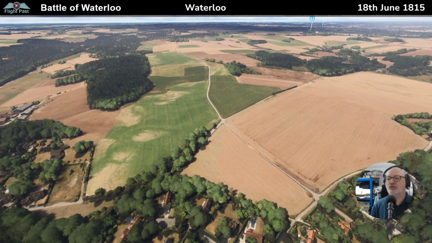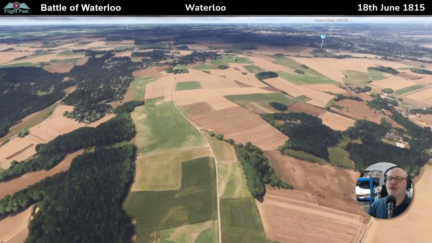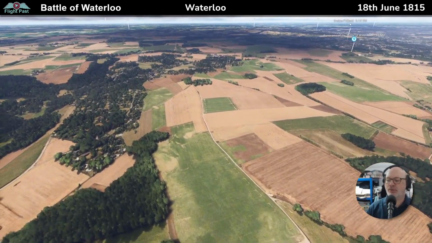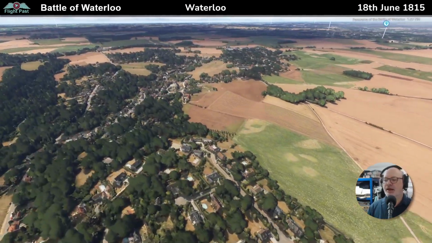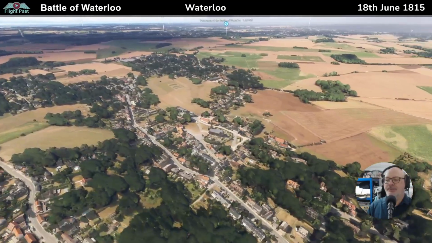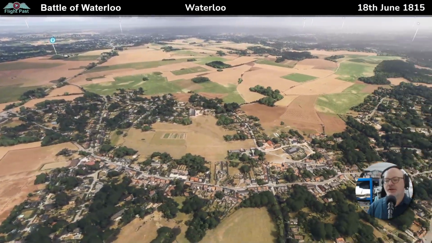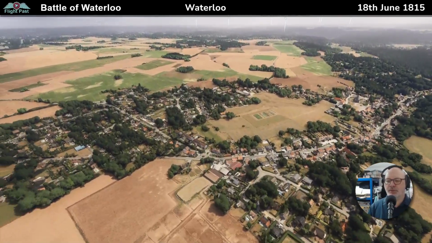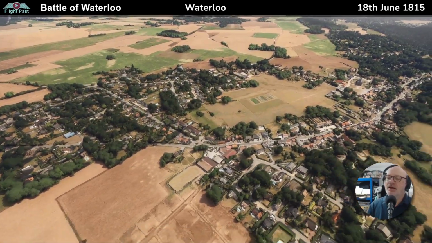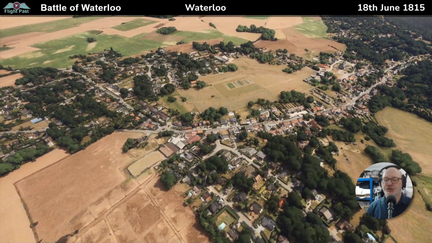Already, just the presence here of two Prussian brigades has locked in quite a lot of Lobau's corps, which was part of Napoleon's reserve.